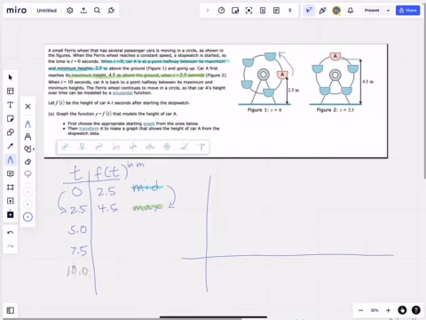And we can then fill in the rest of our pattern. We go from mid to max, that means back to the middle, then down to the minimum, and then back to the middle. Everything that is in the middle is going to be labeled at 2.5 meters.